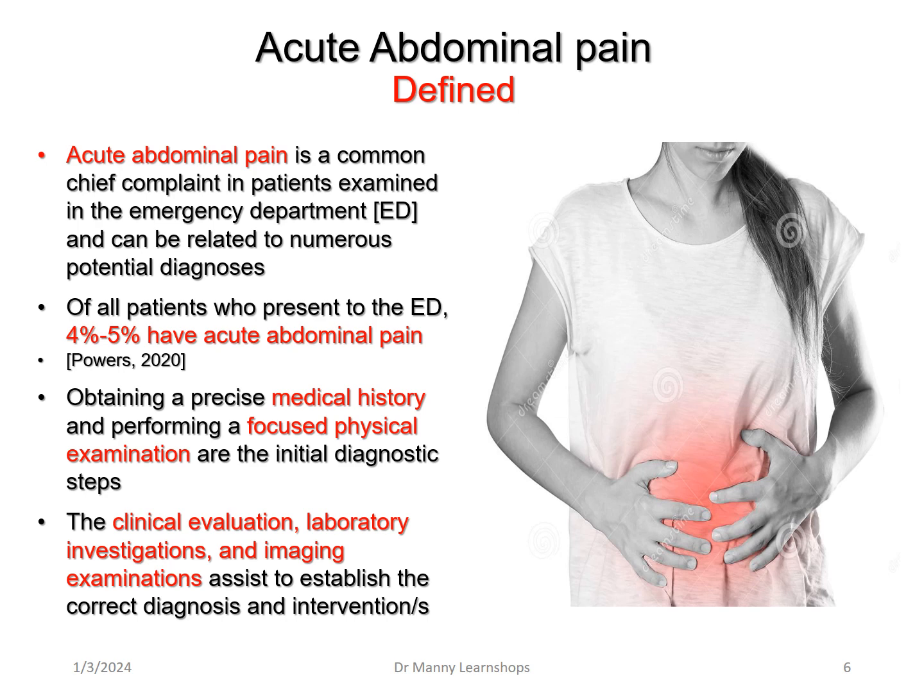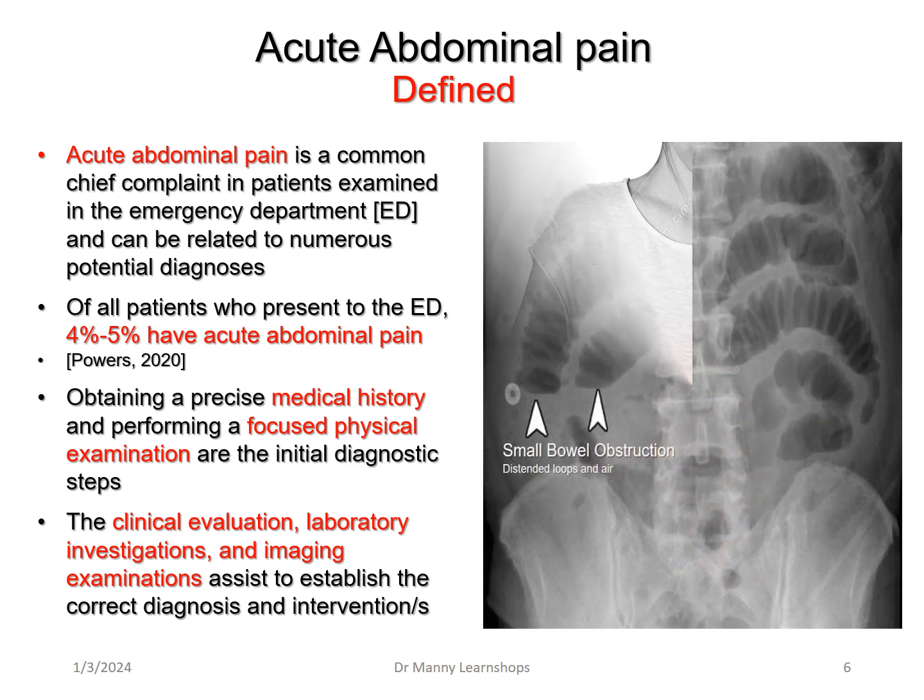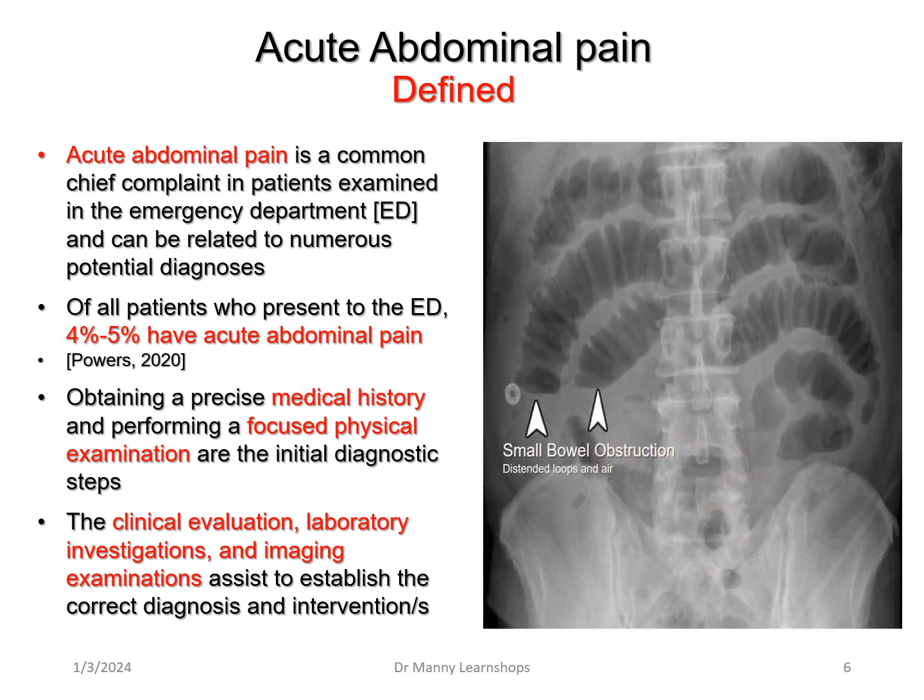And it's the clinical evaluation and the laboratory investigations and maybe imaging examinations such as abdominal X-ray, CT scan, MRI, which can establish a correct diagnosis and therefore correct interventions. There's an example now of a bowel obstruction where you've got very distended loops of intestine.